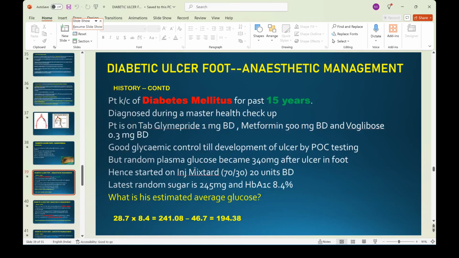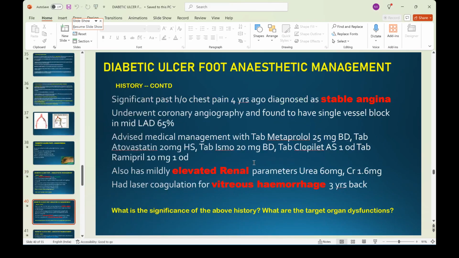Take a detailed history and make sure of the patient's average blood sugar level, how well it was controlled by HbA1c, and whether the patient had any history of angina or coronary intervention. And renally, you must see whether any renal parameters are elevated like urea, creatinine, or coagulation. Vitreous hemorrhage and eye complications indicate microvascular problems.